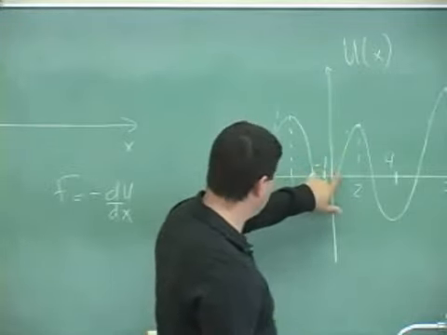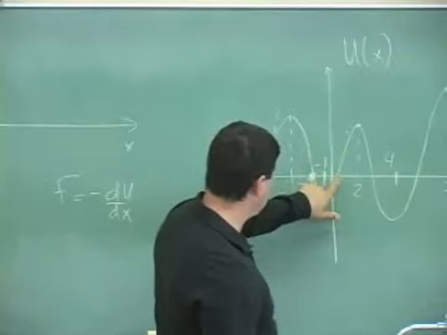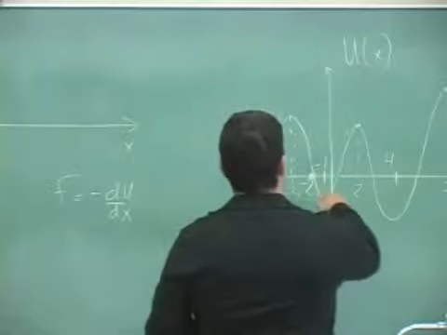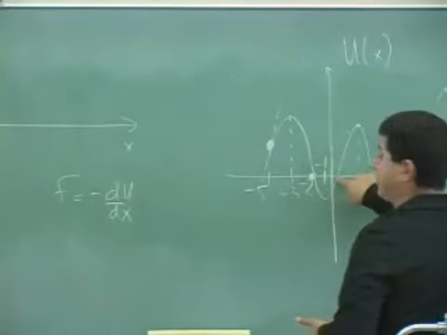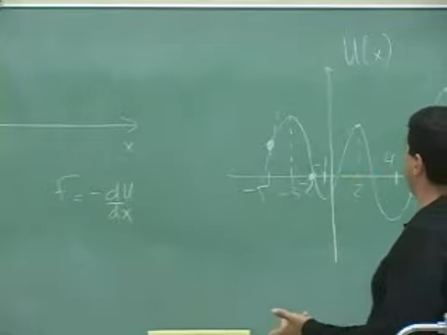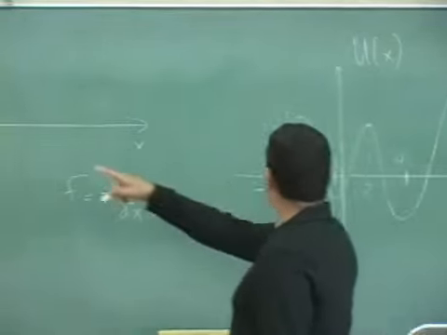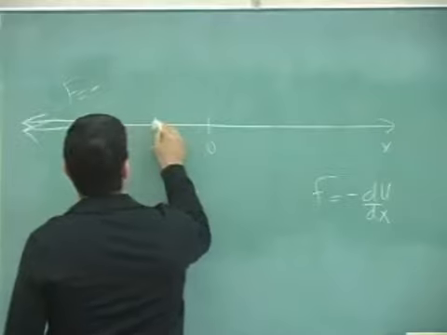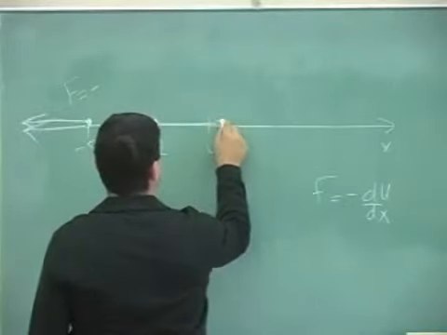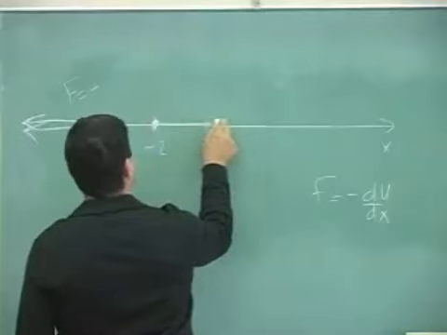It would go all the way to the same height, and then it would come back, right? So it would oscillate back and forth between -2 and whatever point that is. You see? So the same thing is going to happen here. If you place it at -2, the object is going to feel a force to the right until it gets to some point right here, and then it's going to go back.